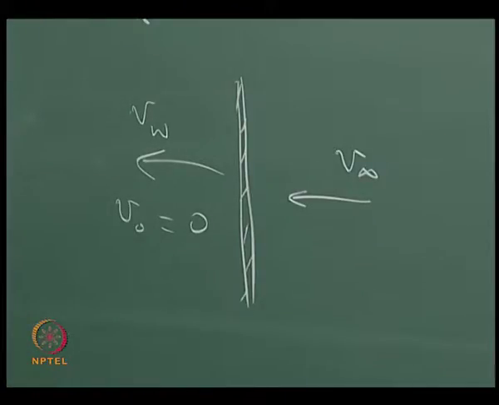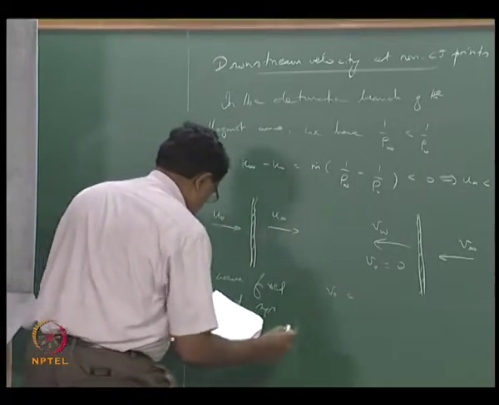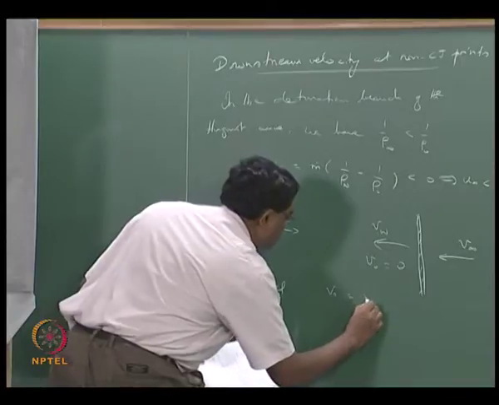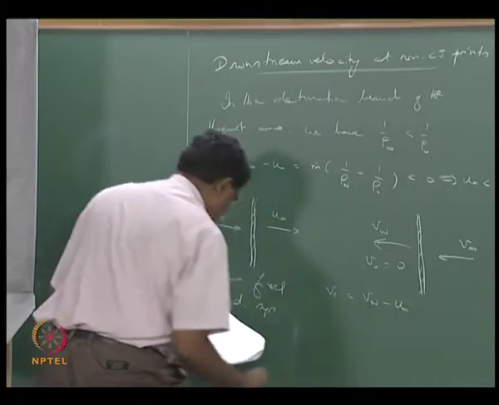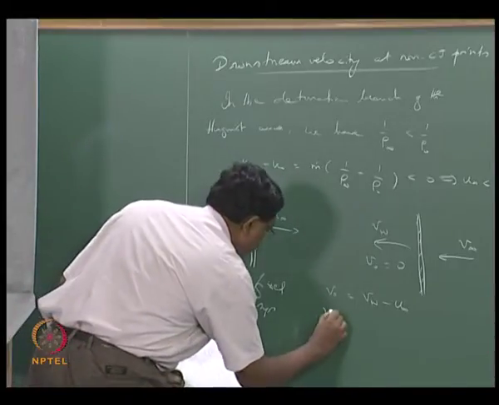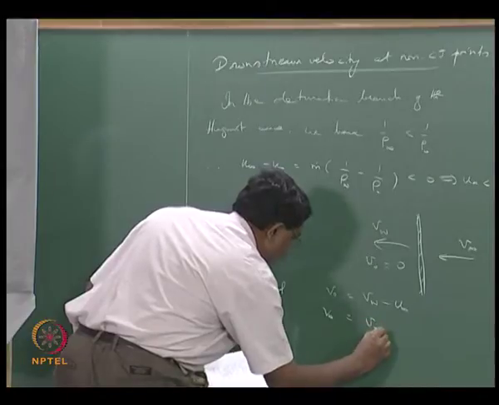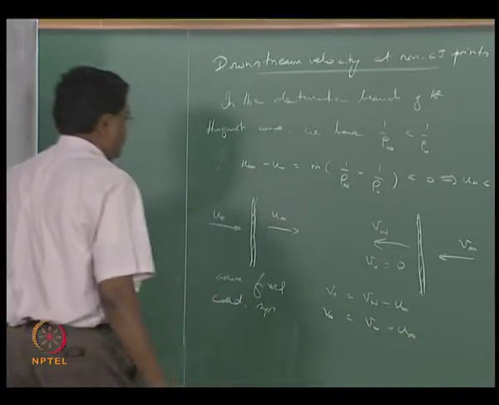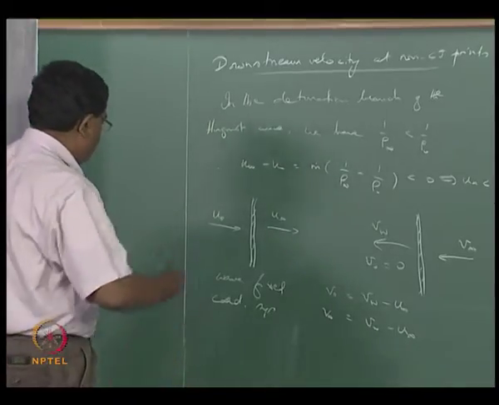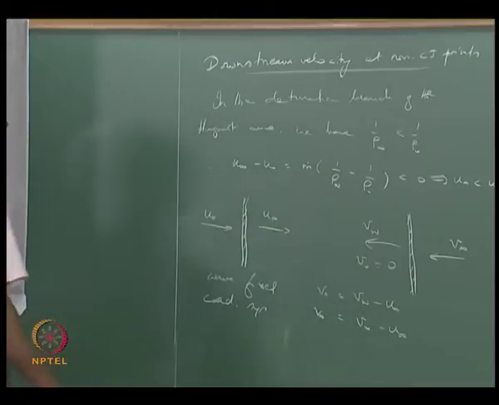So v naught is equal to v wave minus u naught, and v infinity equals v wave minus u infinity, right. So essentially the v wave is now thrown upon this picture.